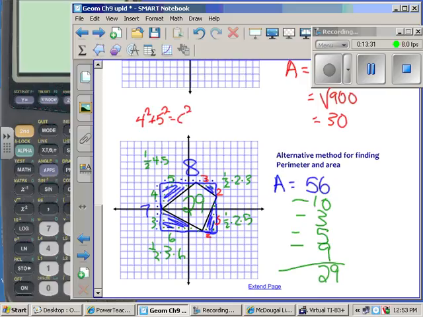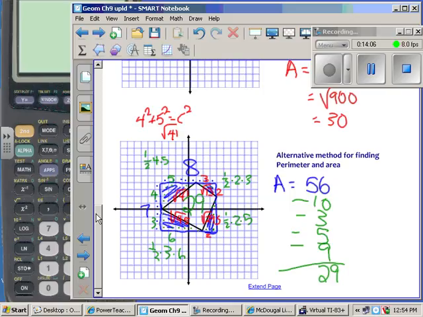So 16 plus 25, 41? Yep. So the square root of 41 is that one. 9 plus 4 is 13, so I get the square root of 13 for that one. 25 plus 4 is 29, so I get the square root of 29 for that one. And 9 plus 36 is 45, so I get the square root of 45 for that one.